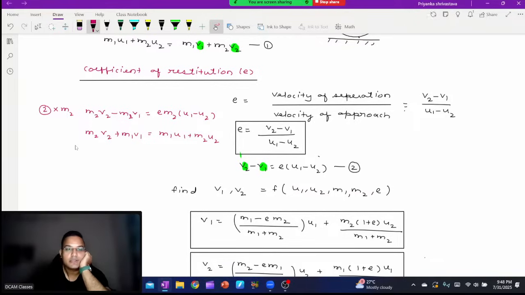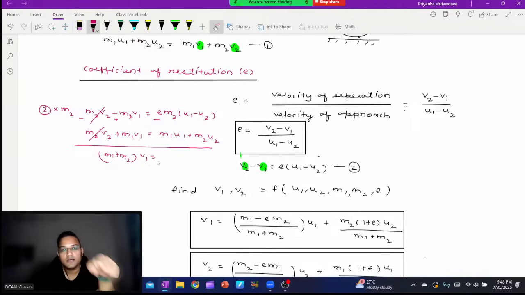Now, just subtract them, or second minus the upper first, minus plus minus. They both will cancel. So (m1 plus m2) into v1. Take now the u1 terms. It will become m1 minus e m2.